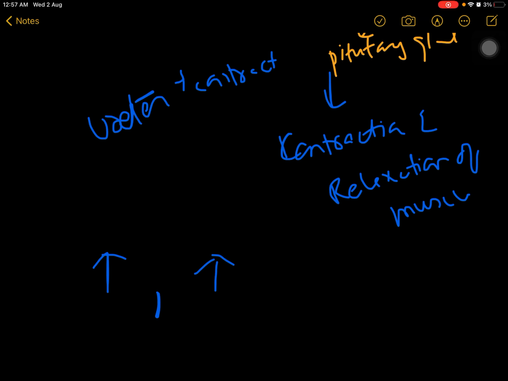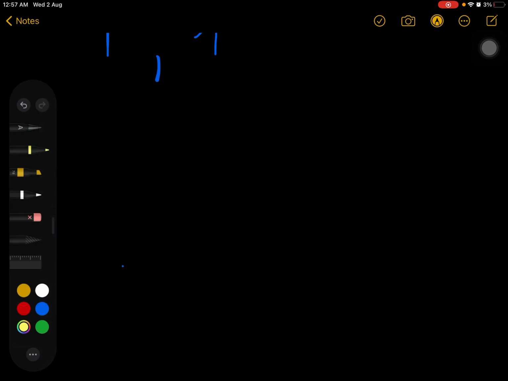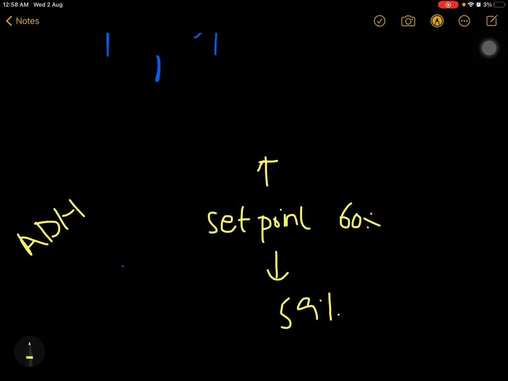As I talked before about the average person, there is a certain set point, which is the 60% water that should be in our body. If this 60% becomes 59%, then a feedback mechanism will try to adjust it to 60%. For that, ADH, anti-diuretic hormone, is released.